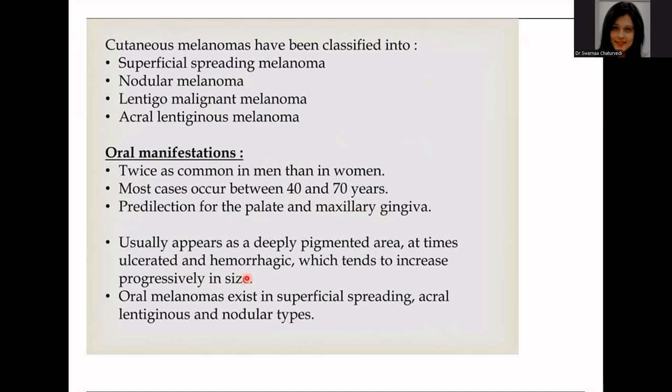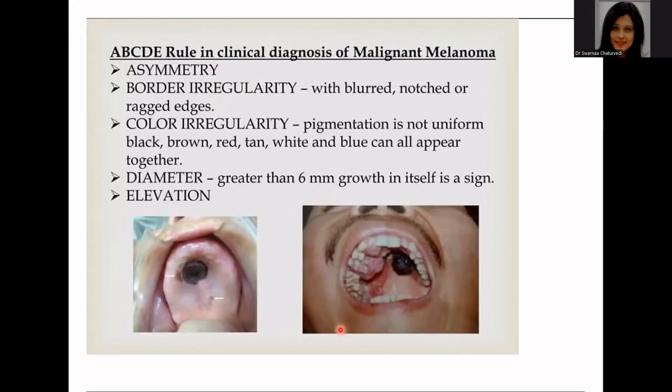And usually how it appears, melanin involvement, if it is there, so deeply pigmented area, at times ulcerated and hemorrhagic, which tends to increase progressively in size. So oral melanomas exist in superficial spreading, acral lentiginous, and nodular types.